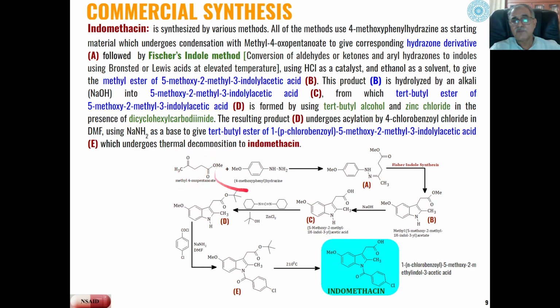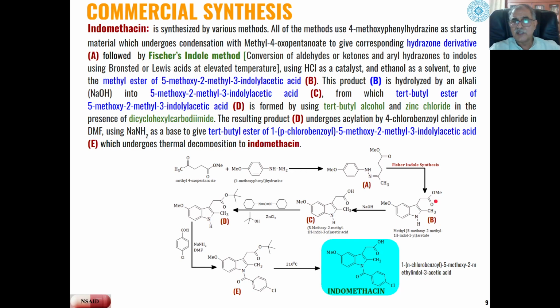When this is reacted with 4-methoxyphenylhydrazine, we know that phenylhydrazines react with carbonyl compounds and undergo a condensation reaction, and the corresponding phenylhydrazone will be formed. This hydrazone derivative then undergoes Fischer indole synthesis to give indole rings through a cyclization process.